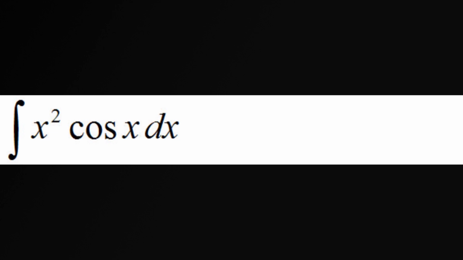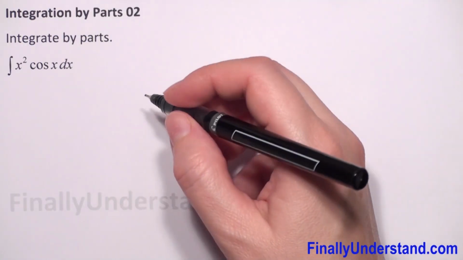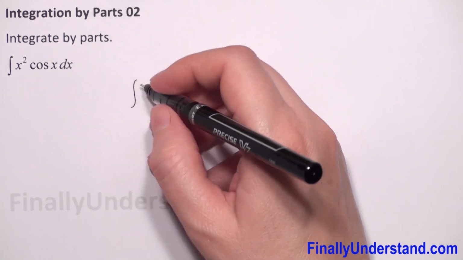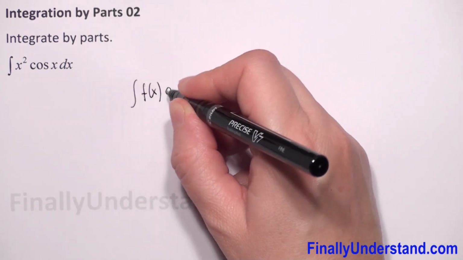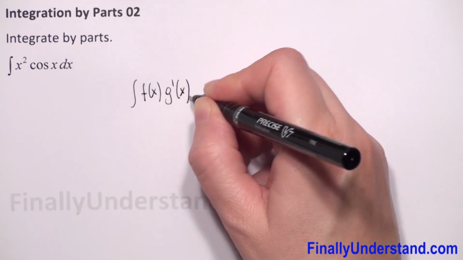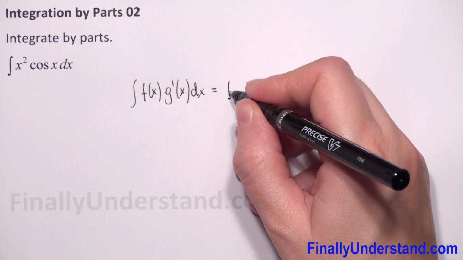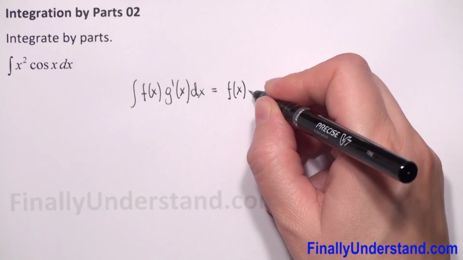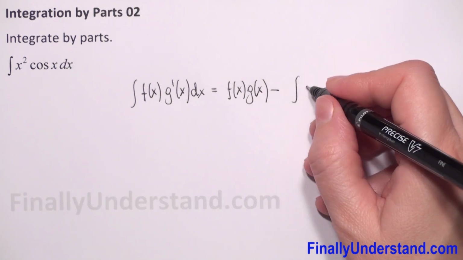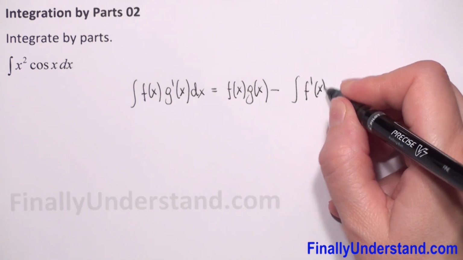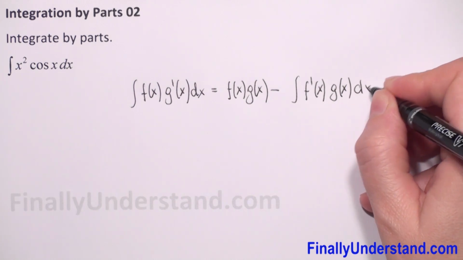We need to integrate by parts. So first we write the formula for integration by parts. When we have the integral of the product f of x times g prime of x with respect to x, this is equal to f of x times g of x minus the integral of f prime of x times g of x with respect to x.